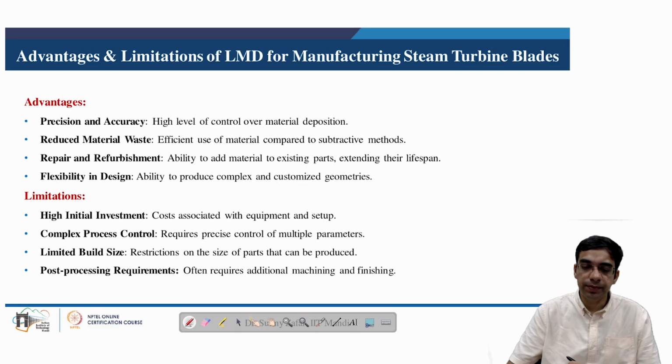Repair and refurbishment is the ability to add material to existing parts, thereby extending their lifespan. The process also offers flexibility in design, which is the ability to produce complex and customized geometries.